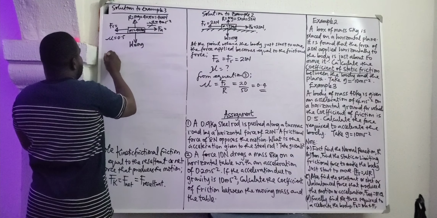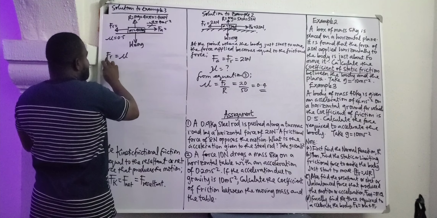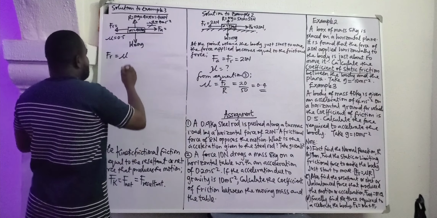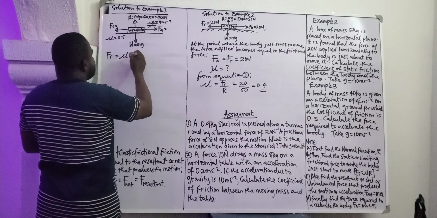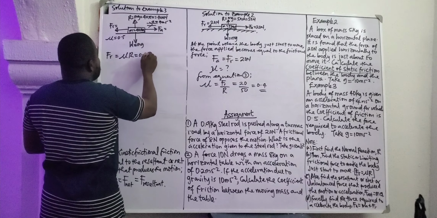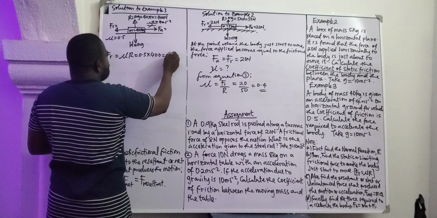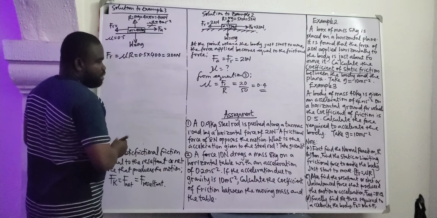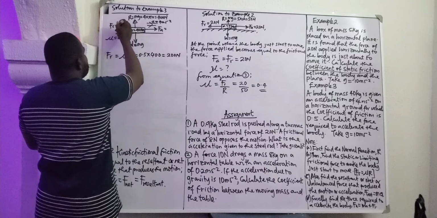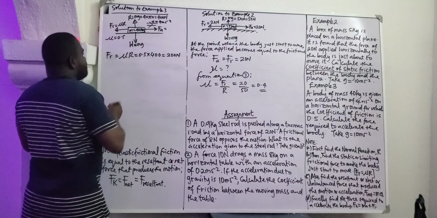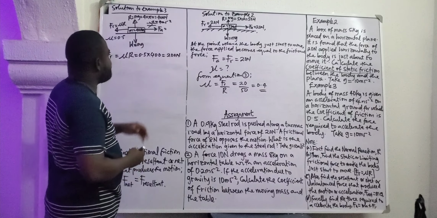So here, the frictional force, which is now the static frictional force, is the coefficient of static friction multiplied by the normal reaction. That is 0.5 times the normal reaction, which is 400. That will give us 200 Newton. Do you understand what I'm saying? I have to determine the frictional force. Take note, I'm using this formula to obtain the static frictional force, when the object just starts to move. I get that frictional force.